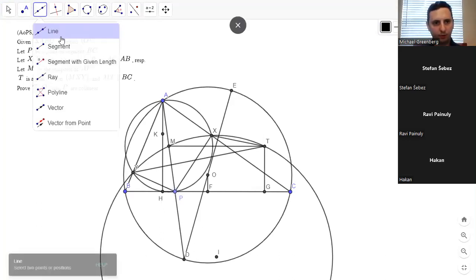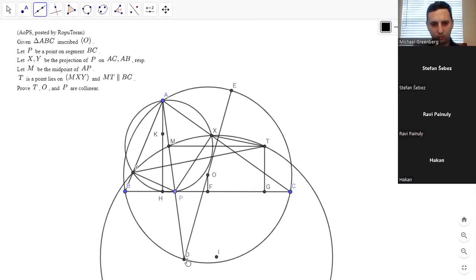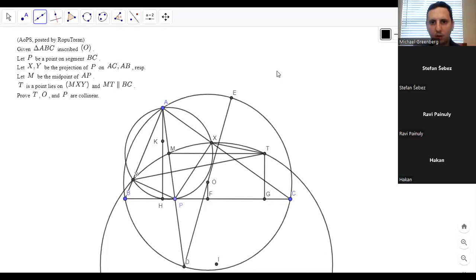So if the ratio PF over FG is constant, what does that mean? All right. We move T on the midline of ABC.